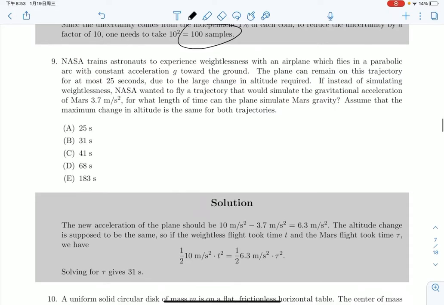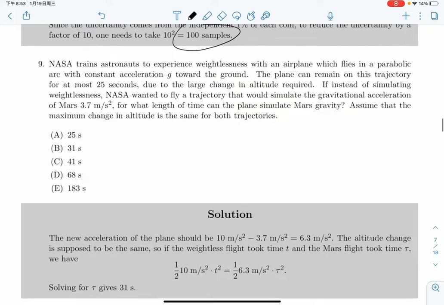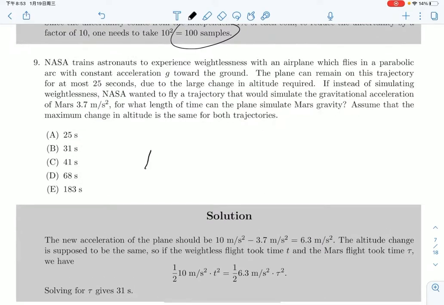And for question 9, NASA trains astronauts to experience weightlessness with an airplane which flies in a parabolic arc with constant acceleration g downward. And the plane can remain on trajectory at most 25 seconds due to large change in altitude required.